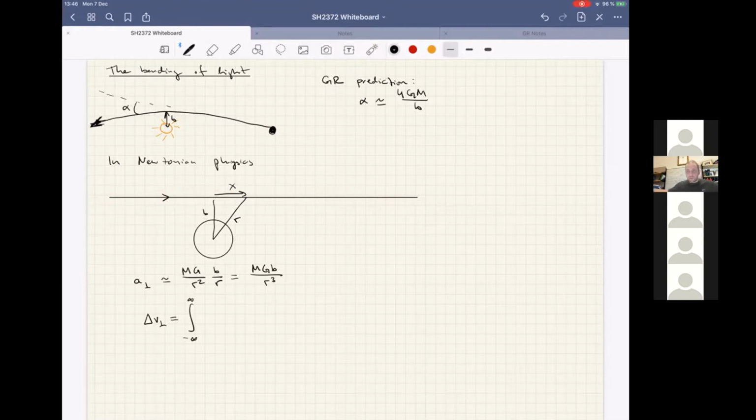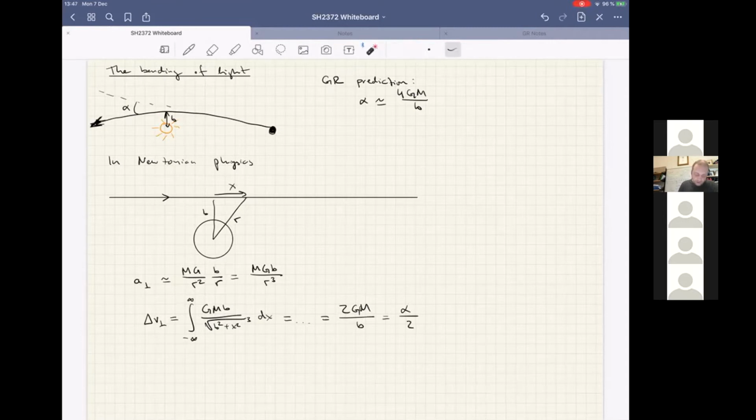Again, I'm assuming that both the star and the observer are at infinity, of gmb divided by the square root of b squared plus x squared to the third power, and then dx, because I'm assuming that the speed of light is 1 here. And if I perform this integral, I get 2 gm divided by b, which is the GR prediction divided by 2.